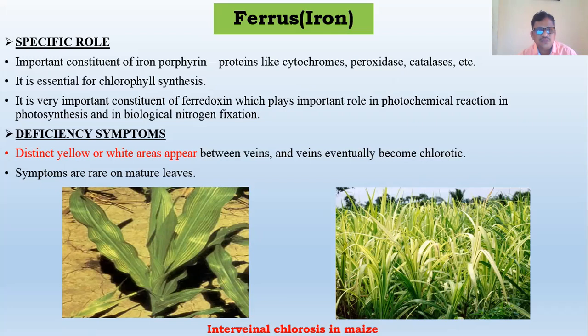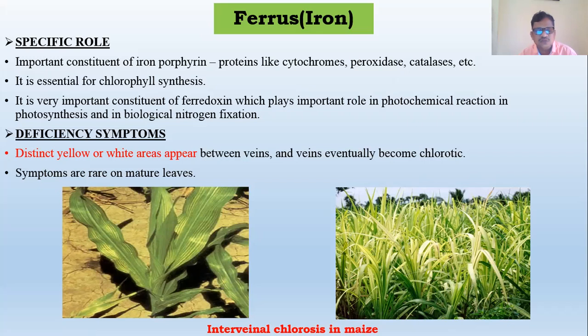Next point, it is a very important constituent of ferredoxin, which plays an important role in photochemical reactions such as photosynthesis and in biological nitrogen fixation. What is biological nitrogen fixation?